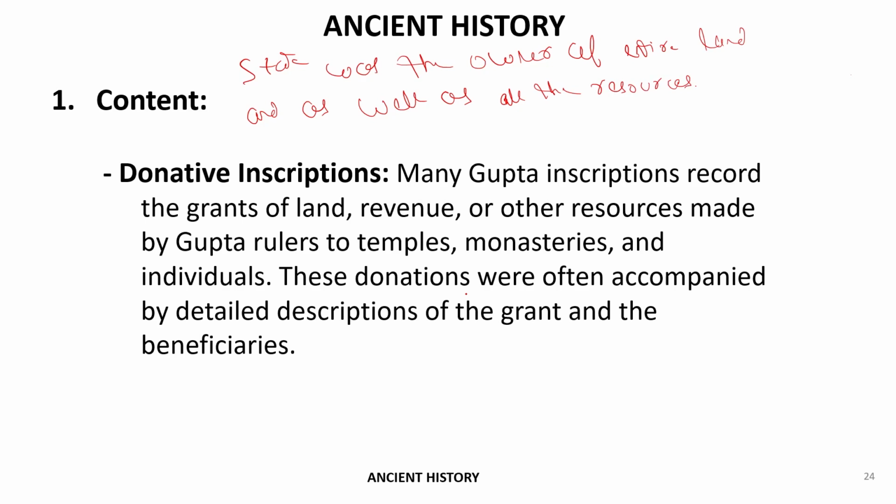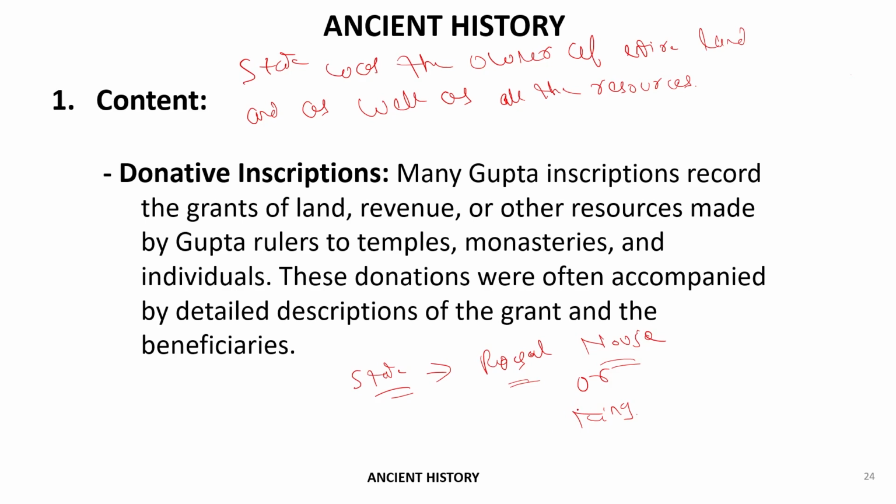So that was the concept prevalent during the Gupta period, that the state was the owner of the entire land as well as all the resources. When I'm talking about the state, I'm simply meaning the royal house or king. So whosoever was the ruler of that time, the royal house had the overall control over the land and the resources.